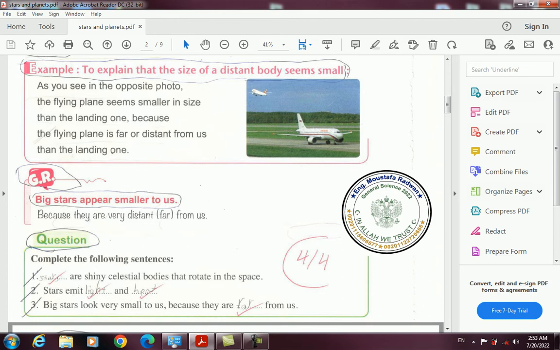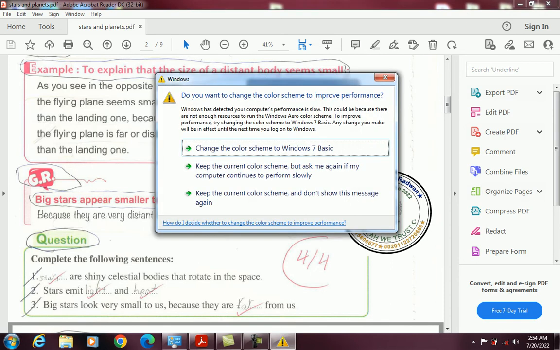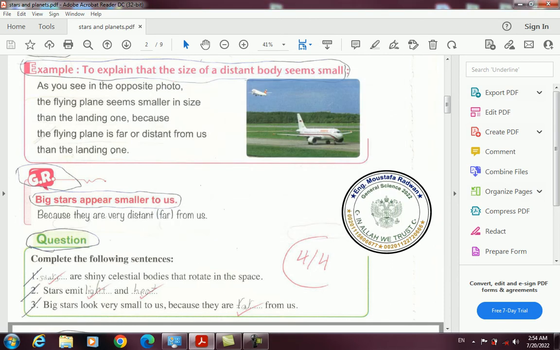For example, to explain that the size of a distant body seems small, how can we describe how a big body appears small? Like this plane. As you see in the opposite photo, the flying plane seems smaller in size than the landing one, the one that's intending to fly. It became a little bit smaller. Actually, it's not a little bit, it's like a quarter of its size.